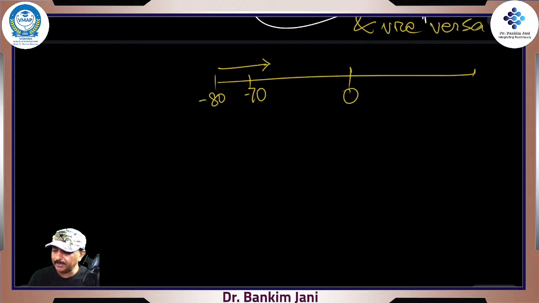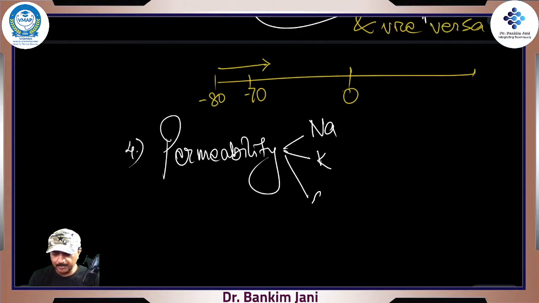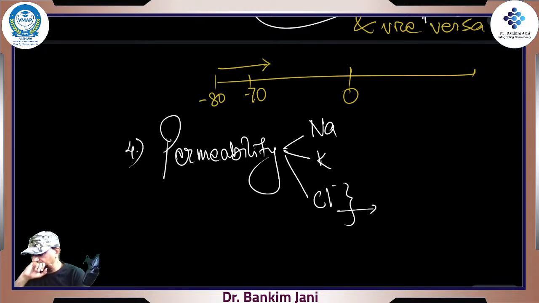And the fourth interpretation is really very important. When we talk about permeability, permeability of sodium, permeability of potassium, and permeability of chlorine, out of these, this negative ion, though it is mentioned in Goldman's equation, its importance is very less.